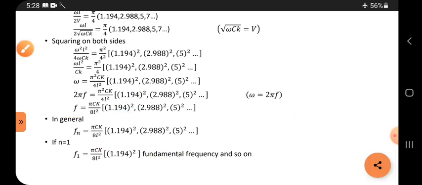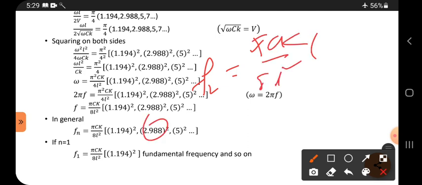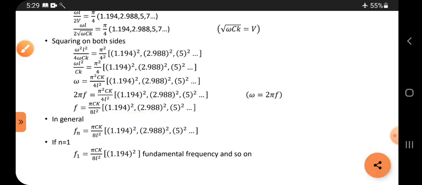So f2 is equal to pi ck by 8 L square into this factor 2.988 whole square. It is called the first overtone. And the next one is called the second overtone, and the next thing is called the third overtone. So like this we get a number of overtones and their frequencies.